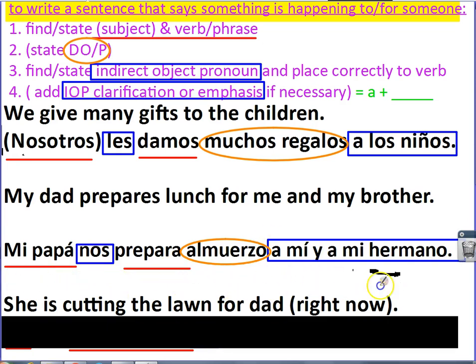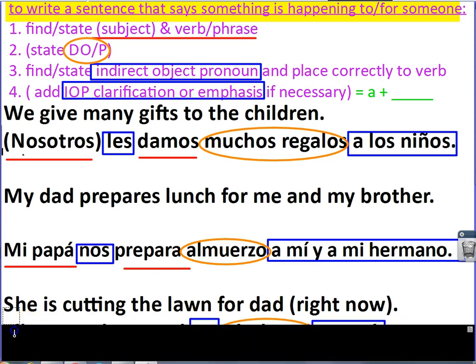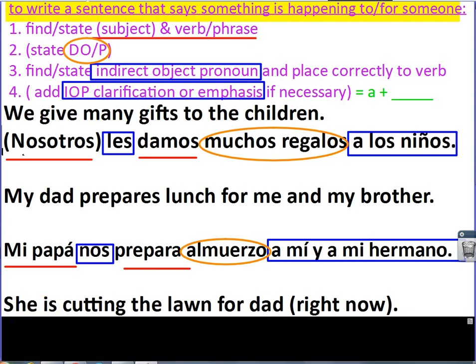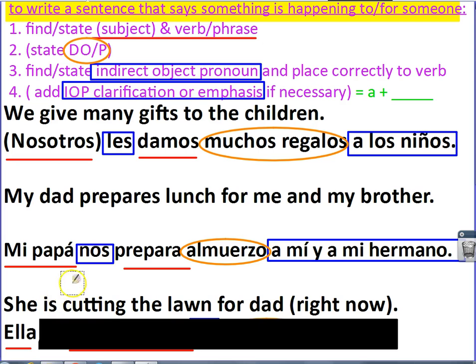All right. Skip another line and write down, she is cutting the lawn for Dad right now. So I need to state the subject, she. And then to say what someone is doing right now, you use a conjugated form of estar.